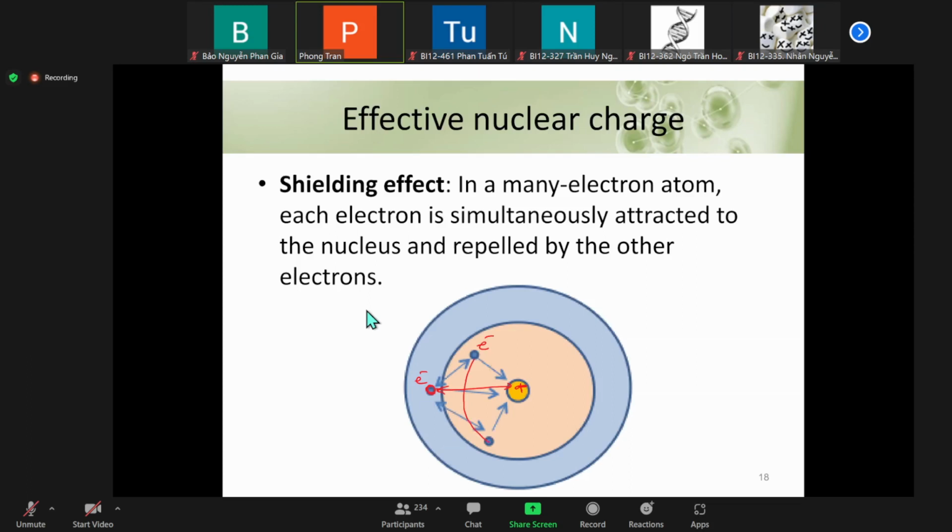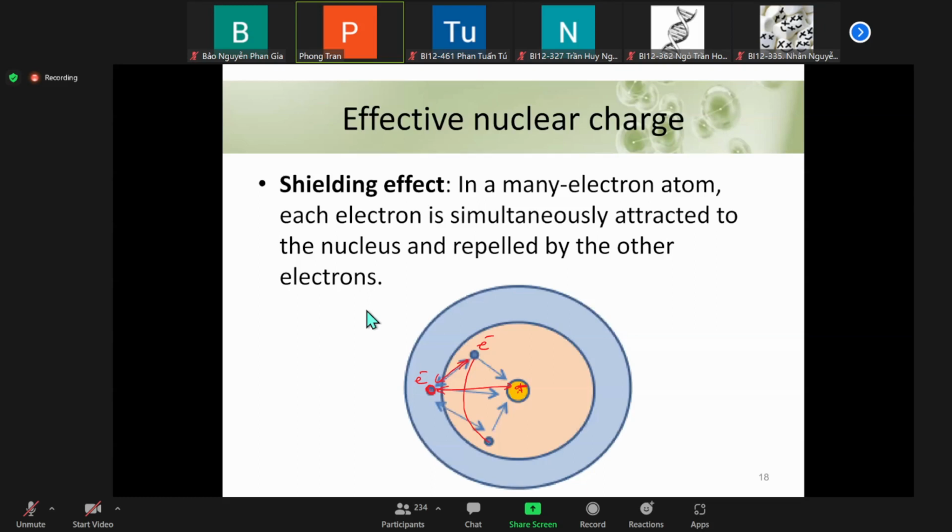These electrons have a negative charge. So the interaction between the electron and nuclei is an attractive interaction, while the interaction between negative charge and negative charge, between electron and electron, becomes a repulsive interaction. So the total interaction is the combination of the attractive force between the electron and nuclei and the repulsive force between the electron and electron.